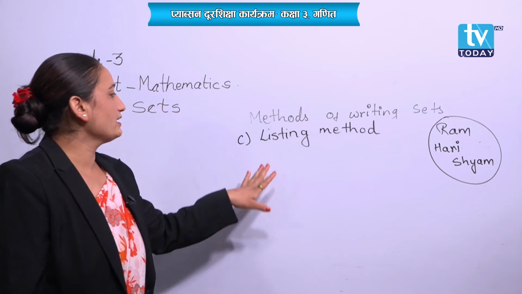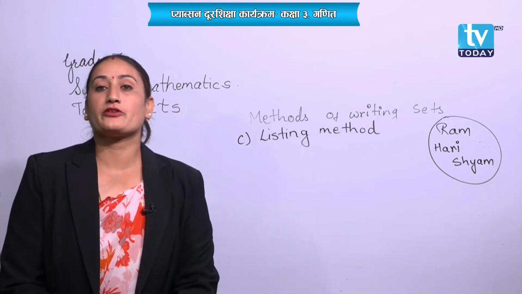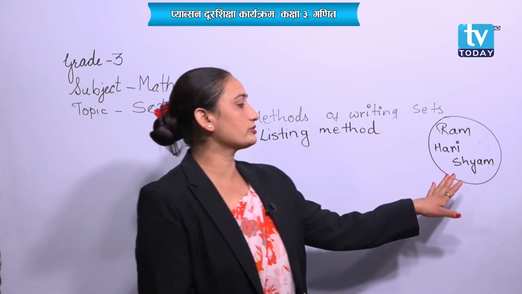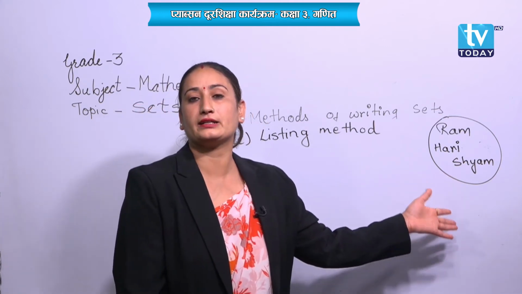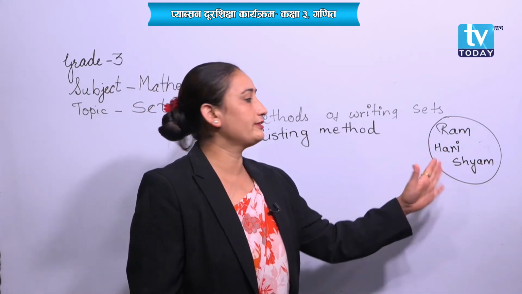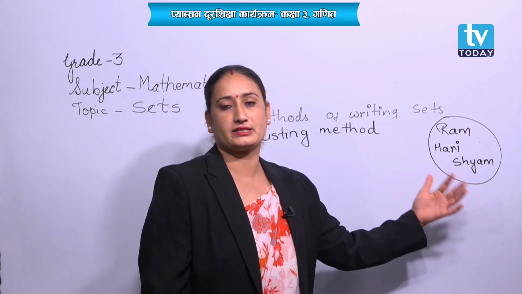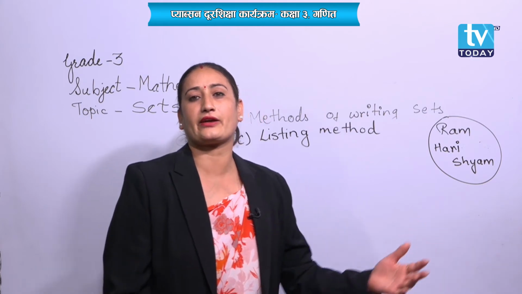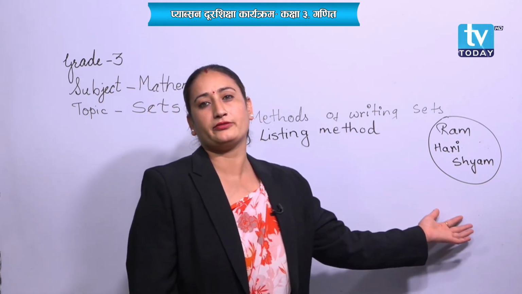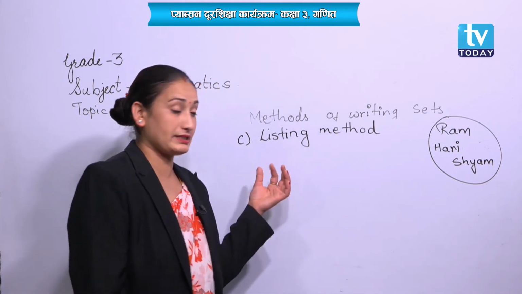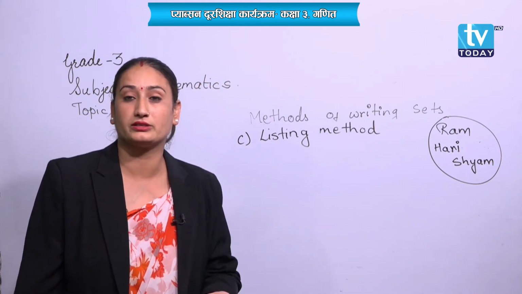Now see here, through the listing method, now you have to list it out. If you want to write through the descriptive method, then how to write? The set of 3 friends. We can write it, right? The set of 3 friends, or you can write the set of names of 3 people. We can do it like that way also. But here, how to list out?